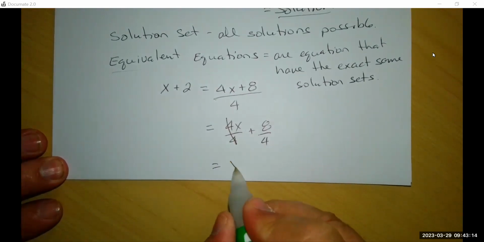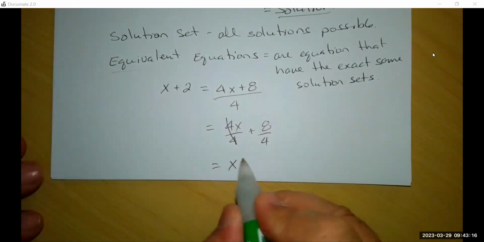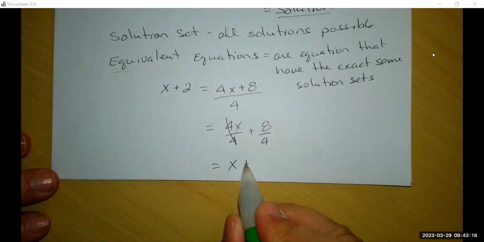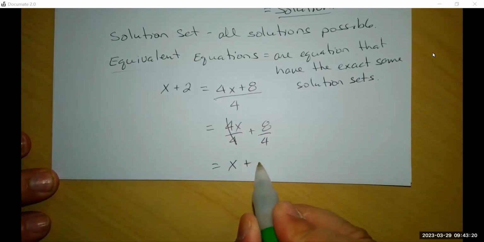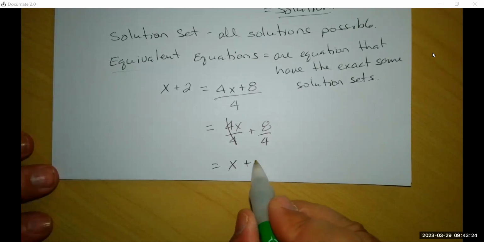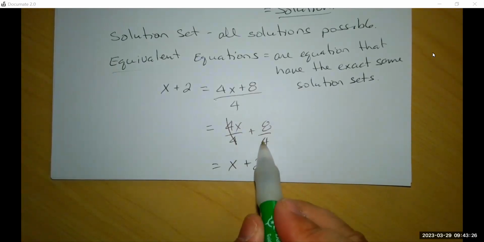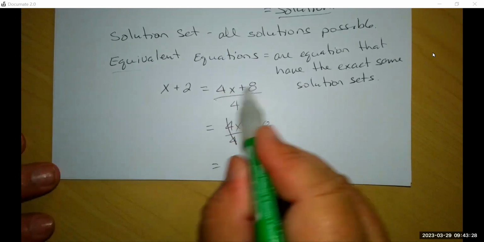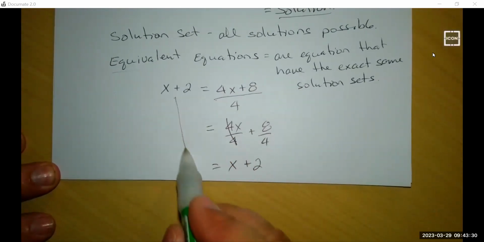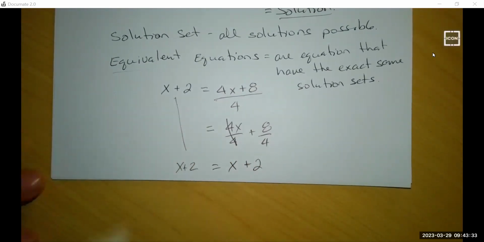The 4's cancel, so we have x. 8 divided by 4 is? Yeah, because 4 goes into 8 twice. So this side equals x plus 2. This side equals x plus 2. They're the exact same equations. They just look different.